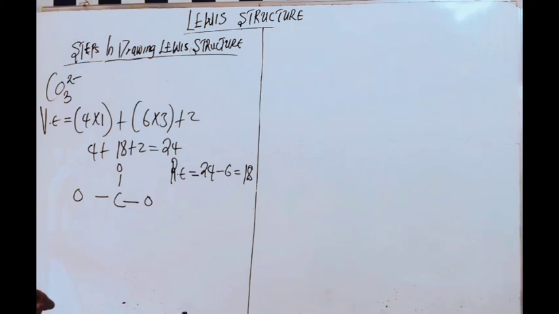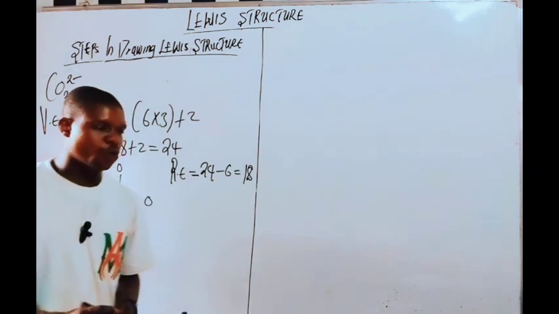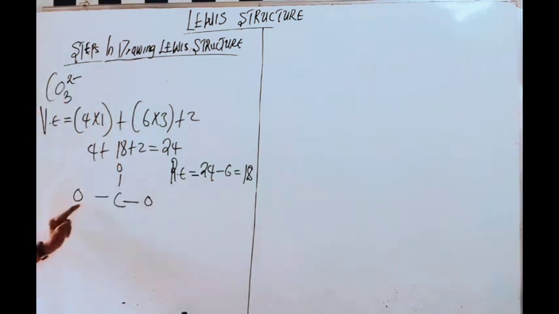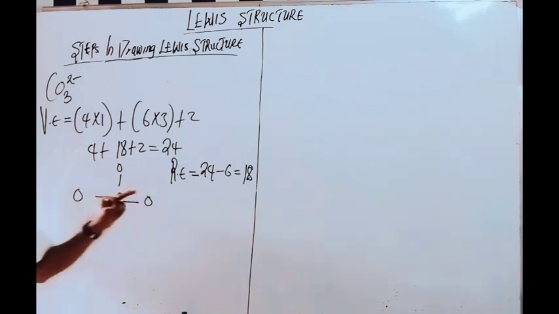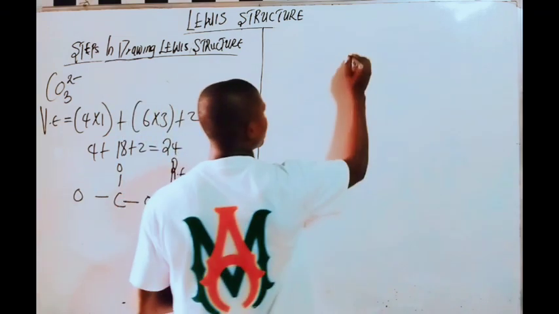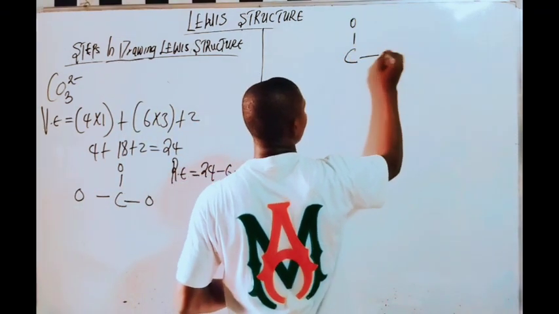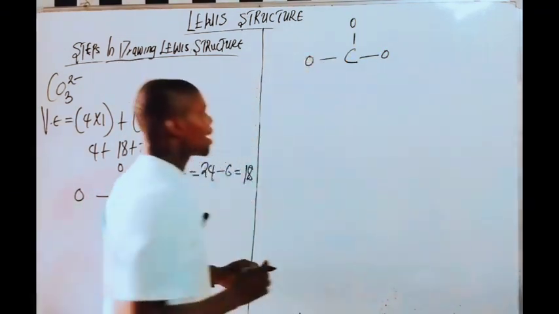So now, here was step 1, here was step 2, let me go to step 3. Step 3 says to ensure that the side atoms have their octet of electrons. If I draw it here, can you see that?